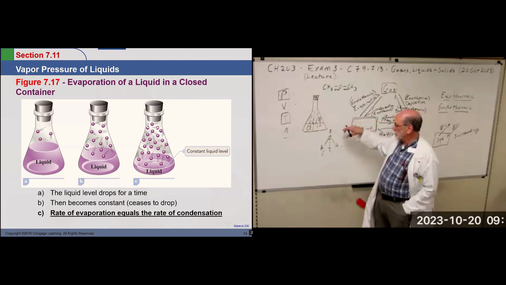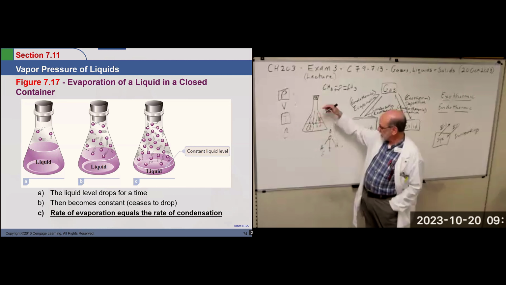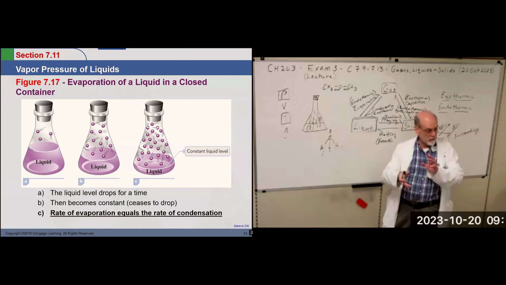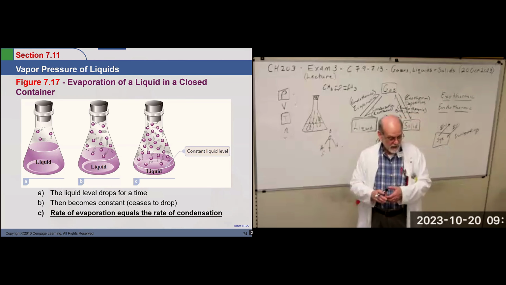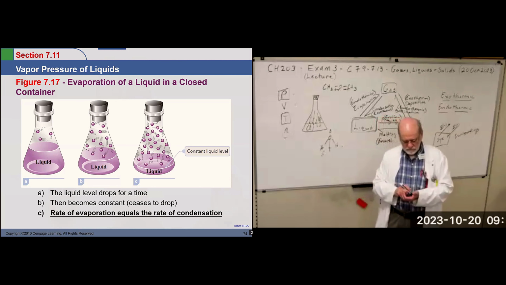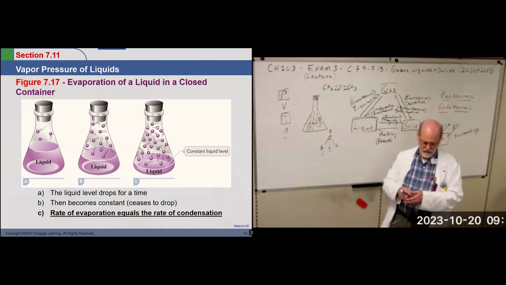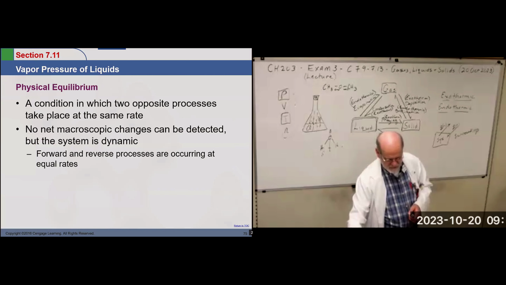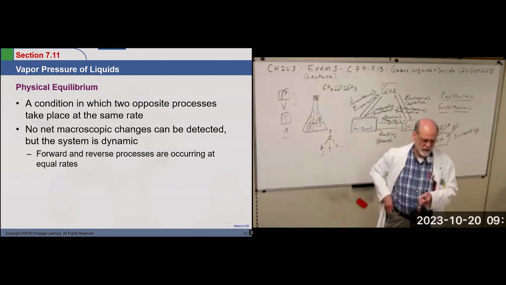So these liquid molecules are escaping into the vapor phase, and the vapor is being condensed into the liquid phase at the same rate when we reach equilibrium. And that's what's being represented by that far right. So how do we characterize this equilibrium?